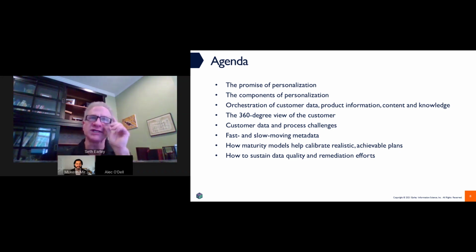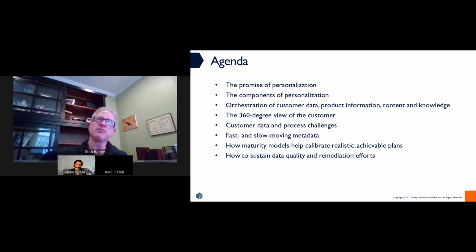Sorry about all the bullets on this slide and all the text, but I want to talk about personalization in terms of what we have been trying to do over the last 15 years. Think about personalization from the perspective of what comprises personalization. What are the components? How do you make that up?